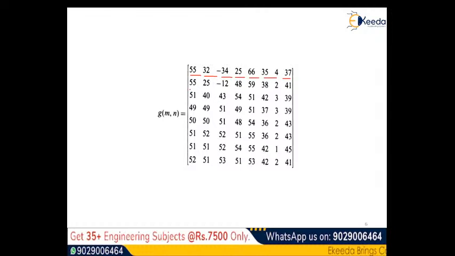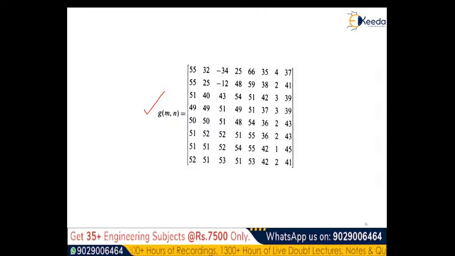Then in the second row we have 55, 25, minus 12, 48, 59, 38, 2, 41. This way we have the arrangement of 8 rows and 8 columns as the level shifted image, denoted as g of m comma n.